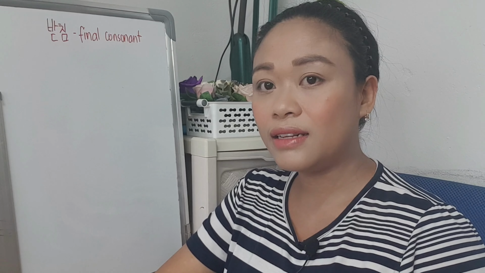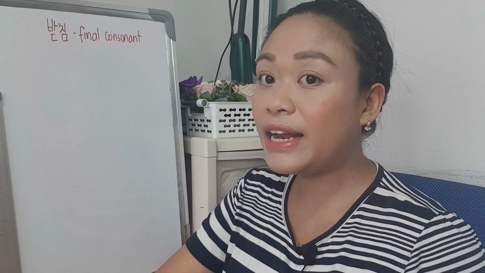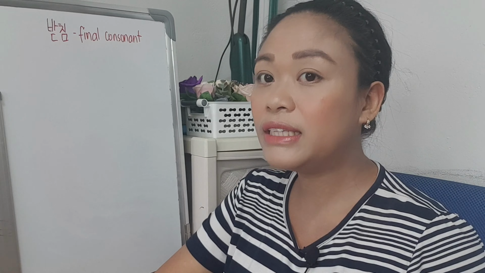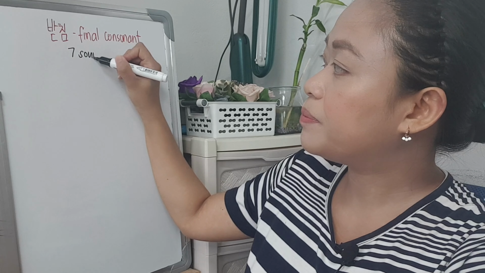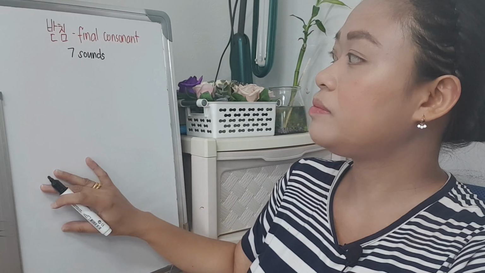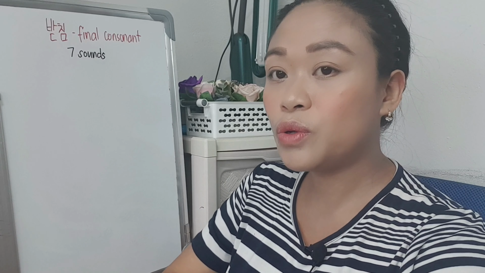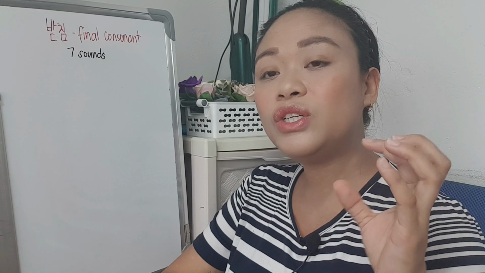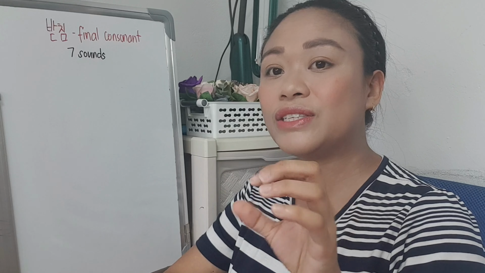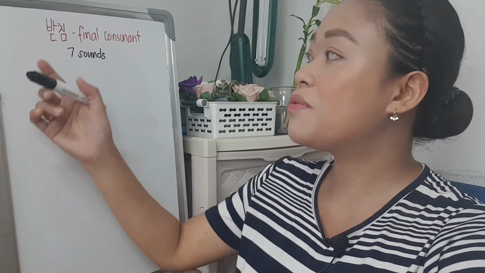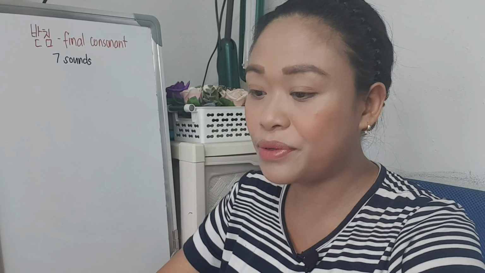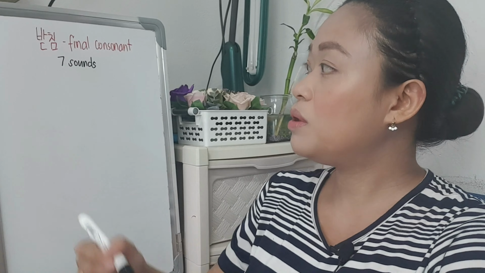All the consonants can be used as final consonants, but it is represented in 7 sounds. While each consonant has its own sound, in batchim it only represents the 7 sounds.